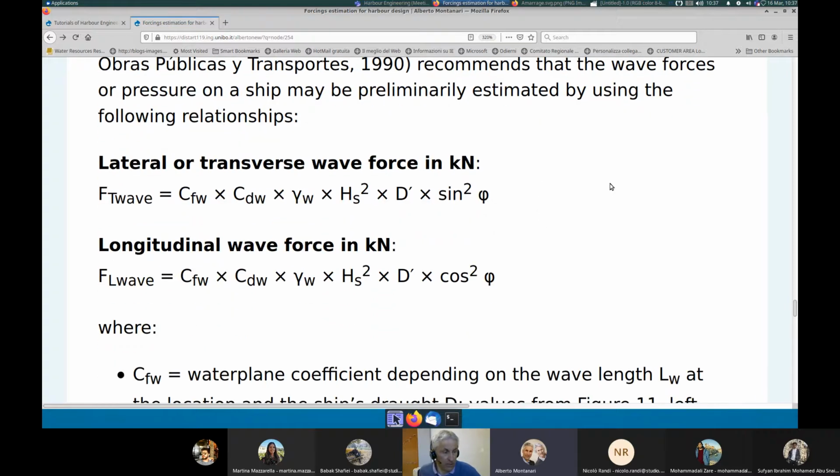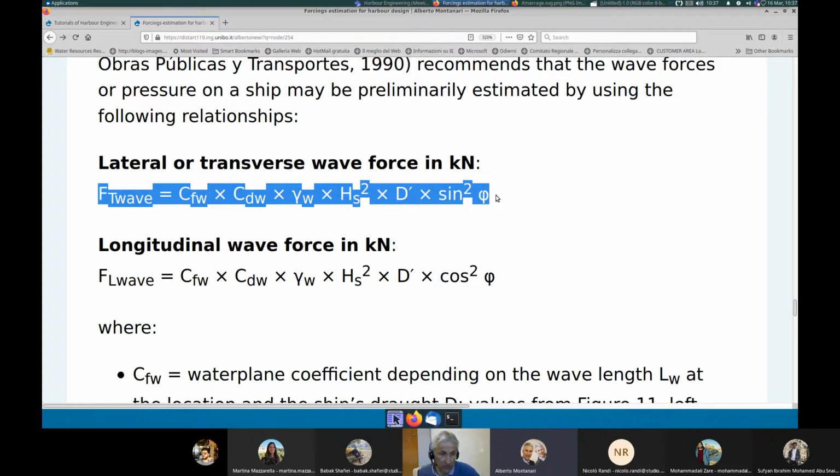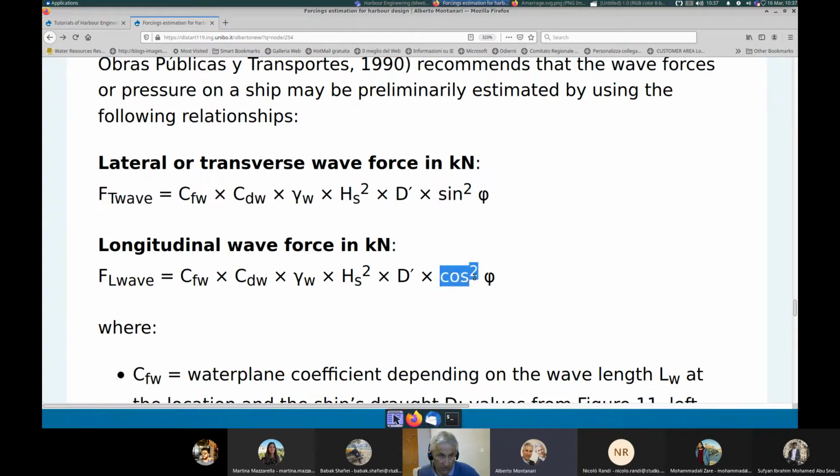What should you remember for the exam? If you could remember one of these two, and they are the same formulation, the only difference is sin square instead of cos square.